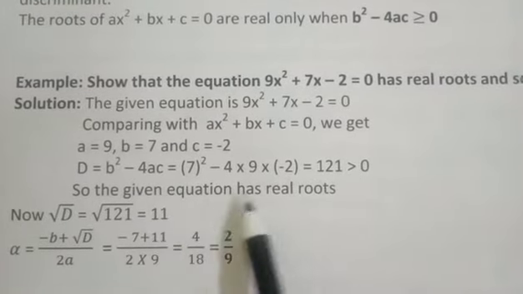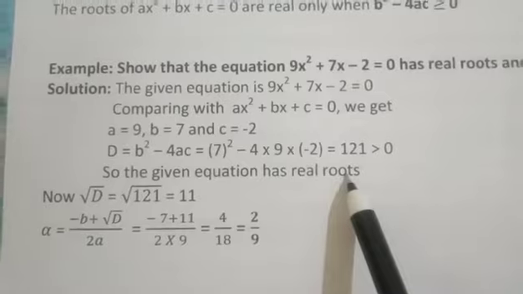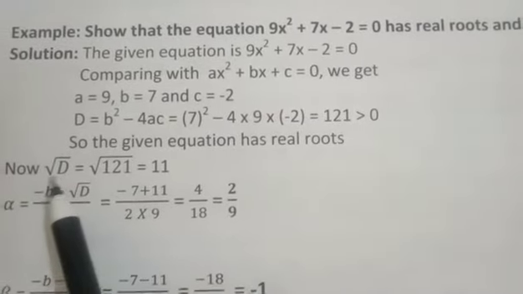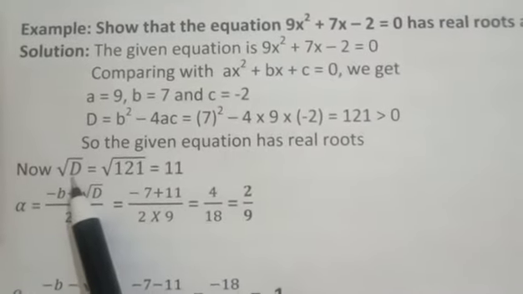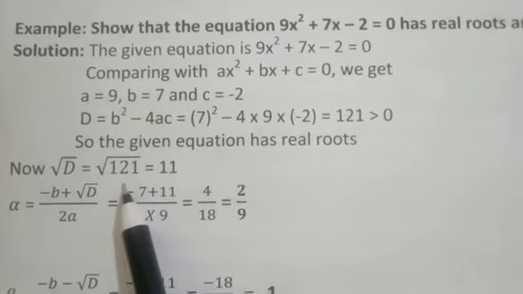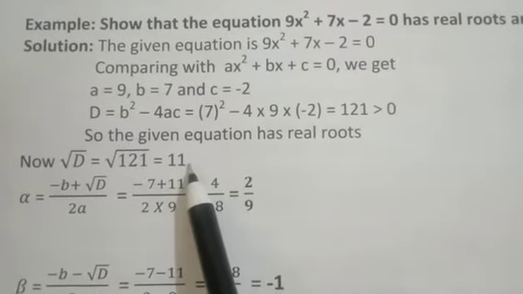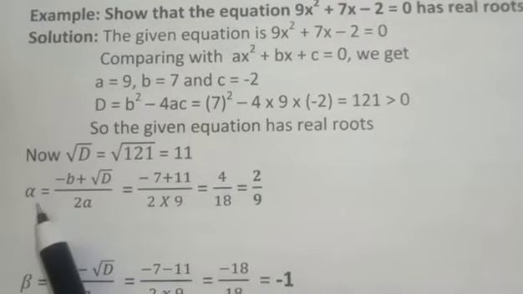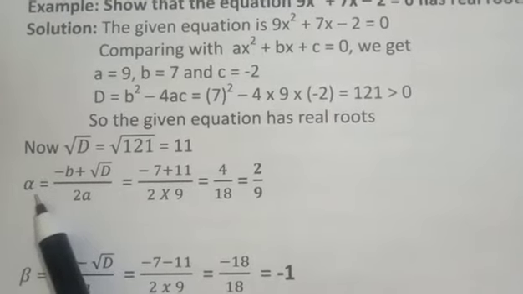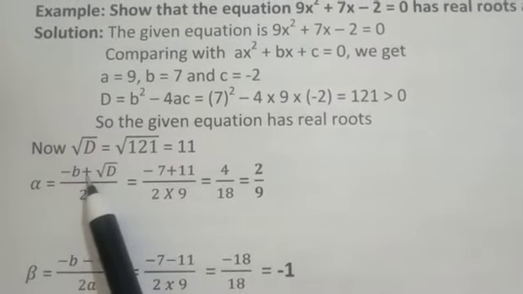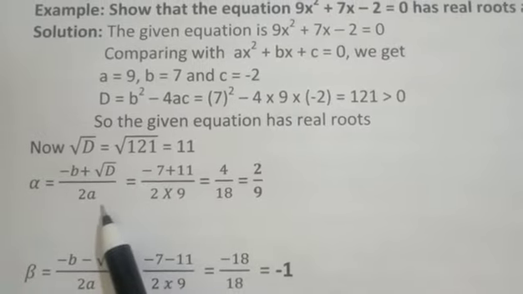So the given equation has real roots, and now if you want to find the roots, first we will find out the square root of the discriminant. That is, square root of 121 will be 11, and then the first root can be obtained by the formula minus b plus root over D by 2a.